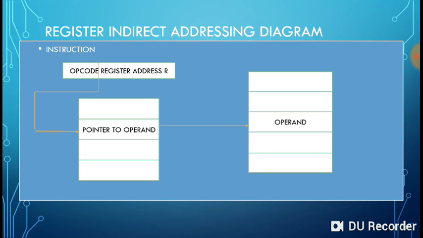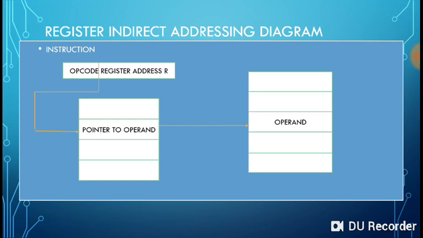In this particular method, the instruction holds the opcode and the register address. The register name is R. It finds the register R among the number of registers present in the CPU, which is basically a pointer to the operand, which is also an address to the address pointing to an operand present in the memory.